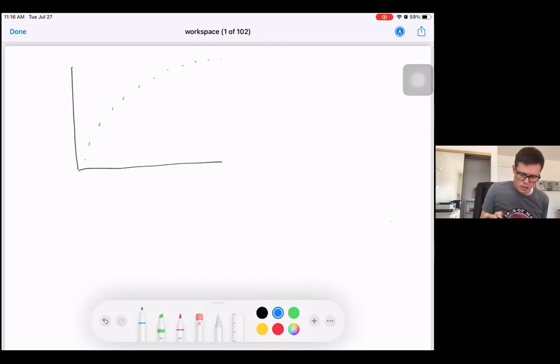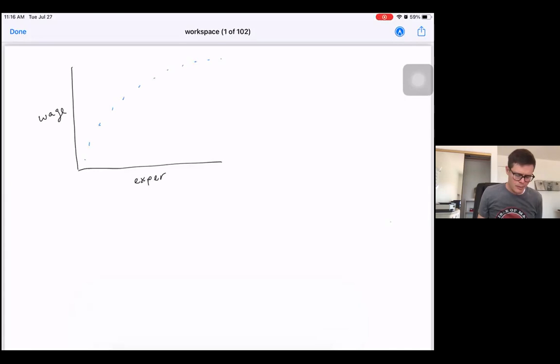Okay. So if we try to do, say this is wages, and this is experience, and we did this example in our slides, maybe we had 5 slides on it or something like that.